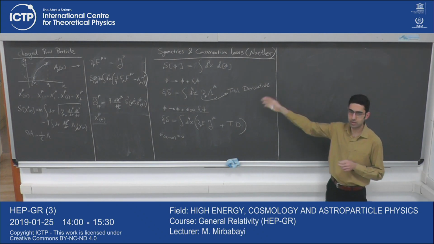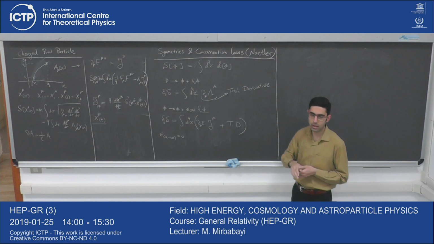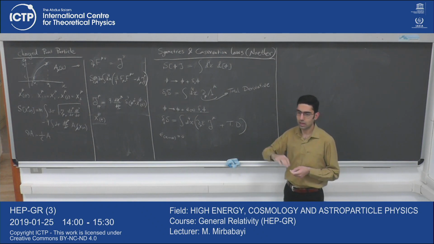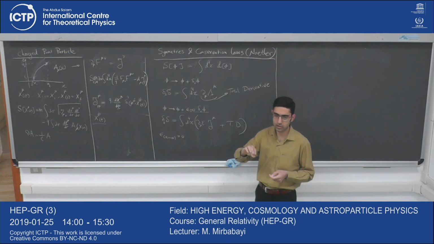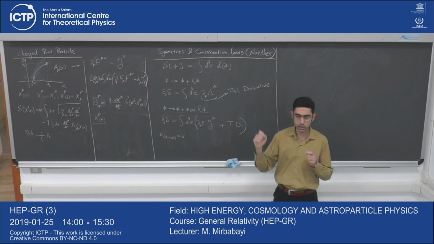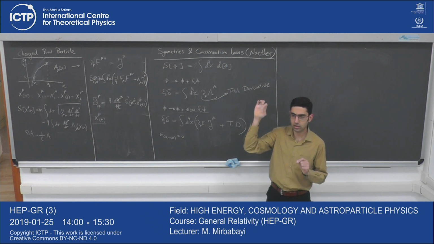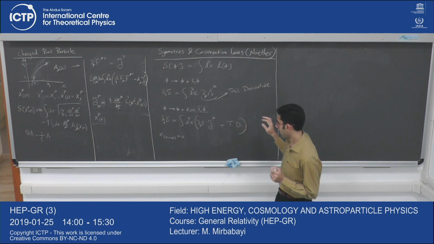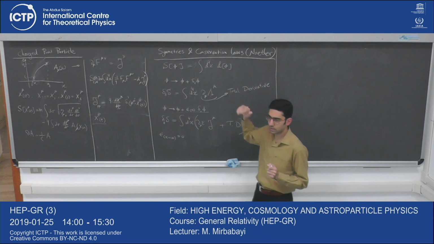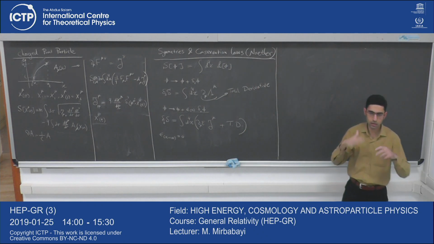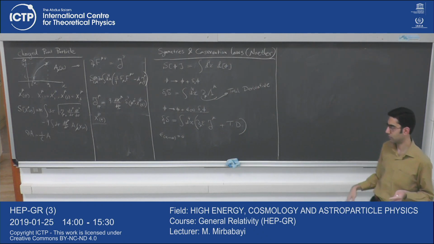So remember when we did the variation of the point particle action, we took x mu and changed it by some delta x mu, with the only condition that delta x mu was arbitrary, except that it would vanish at the endpoints. Now, when we talk about fields, the same criterion applies: we have some boundaries, which can be infinity.